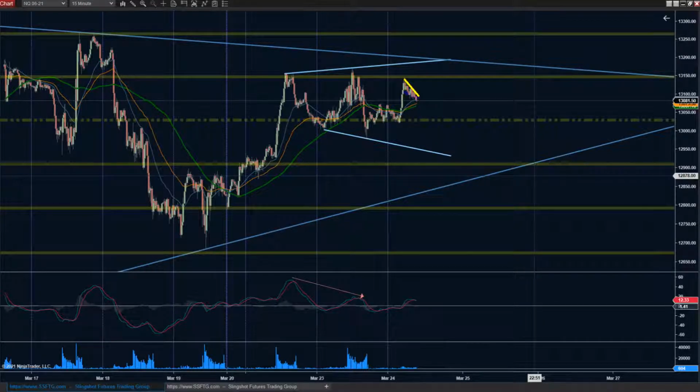Flags usually you don't want lasting this long. You want them going a little bit quicker, more like a pennant. If they're able to get it going, a nice measured move does put it right at the top of the megaphone, so it's definitely still in play. But I would really like to see this hit sooner rather than later.